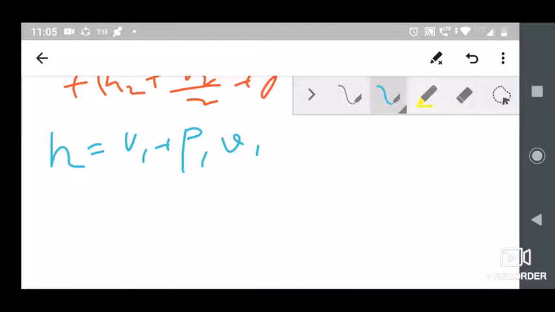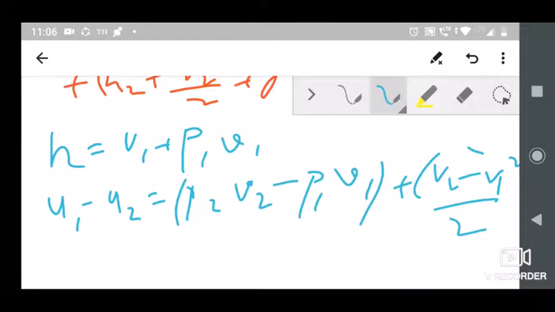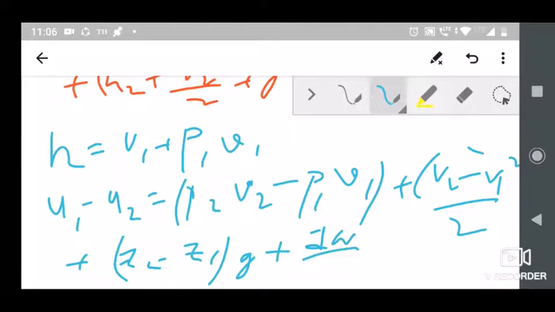Enthalpy is not given directly, so h is equal to u plus pv. As you know, u1 minus u2 is equal to p2 v2 minus p1 v1 plus (v2 square minus v1 square) by 2 plus (z2 minus z1) into g, plus d dash w by dm minus d dash q by dm.